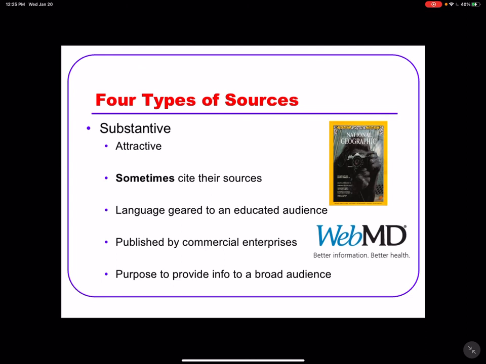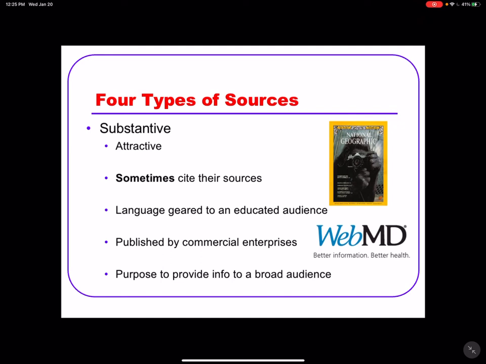The next is substantive. These are still attractive magazines. I mean, who wouldn't want to read a magazine with a picture of a gorilla taking a picture on the cover? I mean, seriously. They're attractive. They sometimes cite their sources. They cite their sources a little more than the popular type.